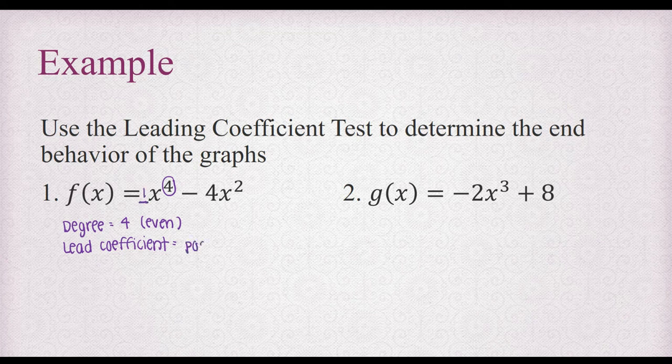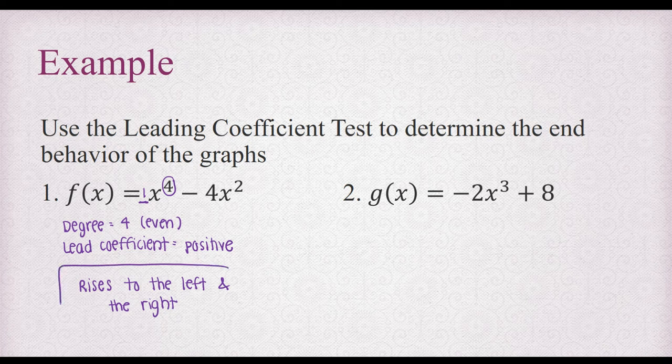So I have a positive number. Positive numbers with even exponents tell us that we are going to be rising. So it rises to the left and the right. Both sides, it's going up, it's rising.